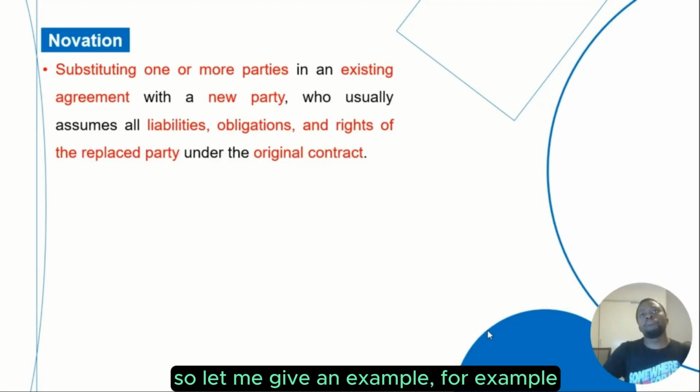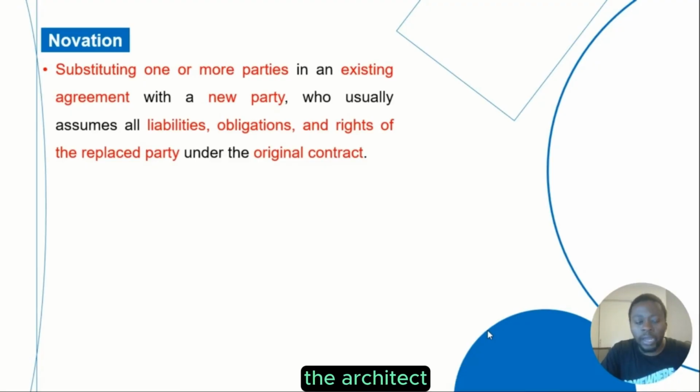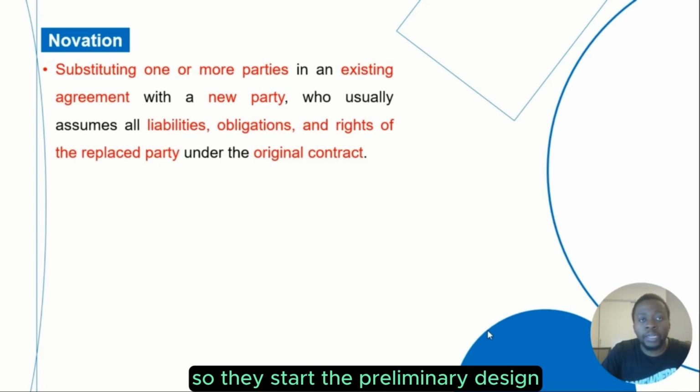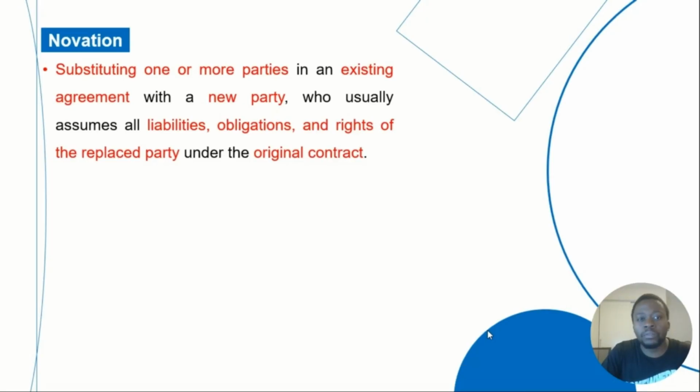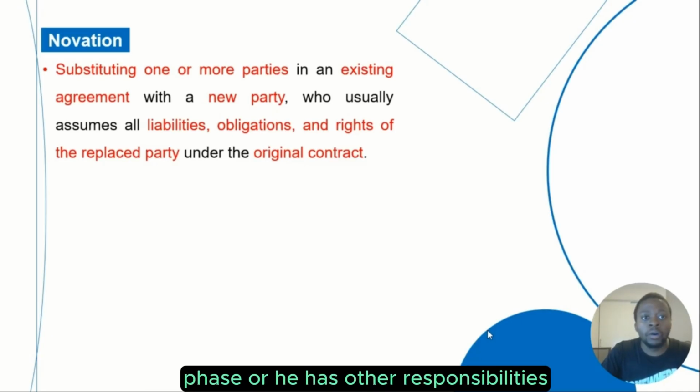For example, the client has his own consultants, the architect, the structural, maybe the QS, and so on and so forth. They start the preliminary design, the conceptual design, but later the client is not interested to continue with the design phase, or he has other responsibilities.